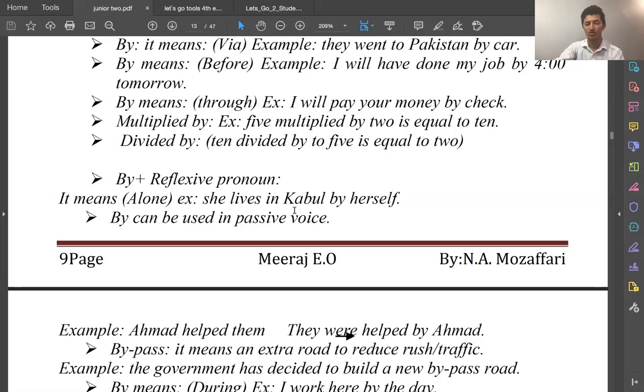You have to do it alone without any other help. Or my brother finished the job by himself. It means my brother finished the job alone and without any other help. So when you use by plus reflexive pronoun, it gives us the meaning of alone.